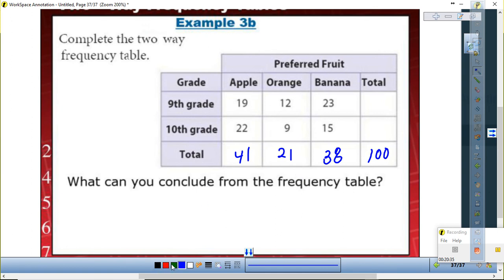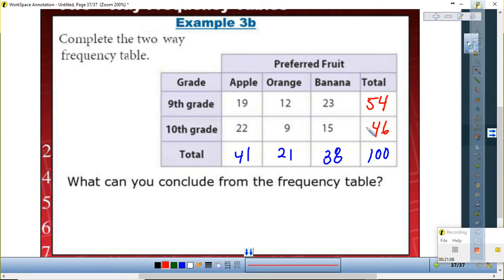Ninth graders. How many total ninth graders do we have? 19 plus 12 plus 23. How many is that? 31 plus 23, that's 54. Very good. So without adding all the other ones, what is 100 minus 54? So there should be how many 10th graders? 46. Let's see if it's true. 22 plus 9, that's 31, plus 15, that's 46. Yeah. Oh, my bad.